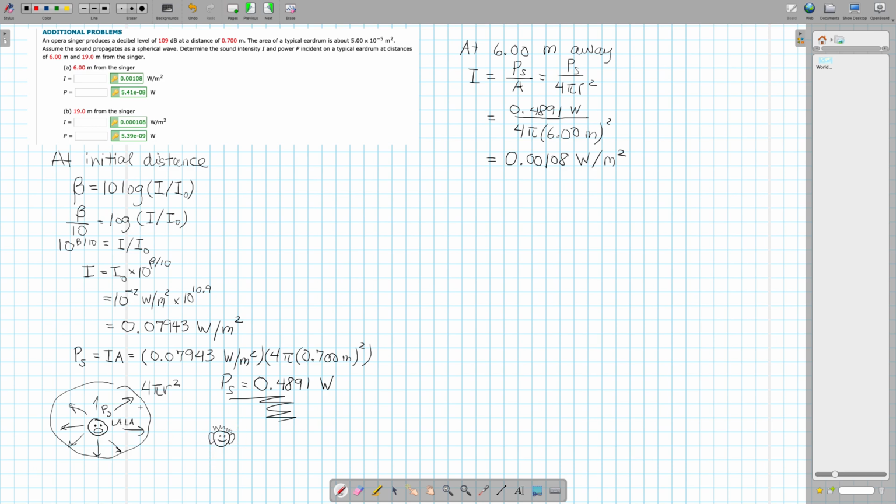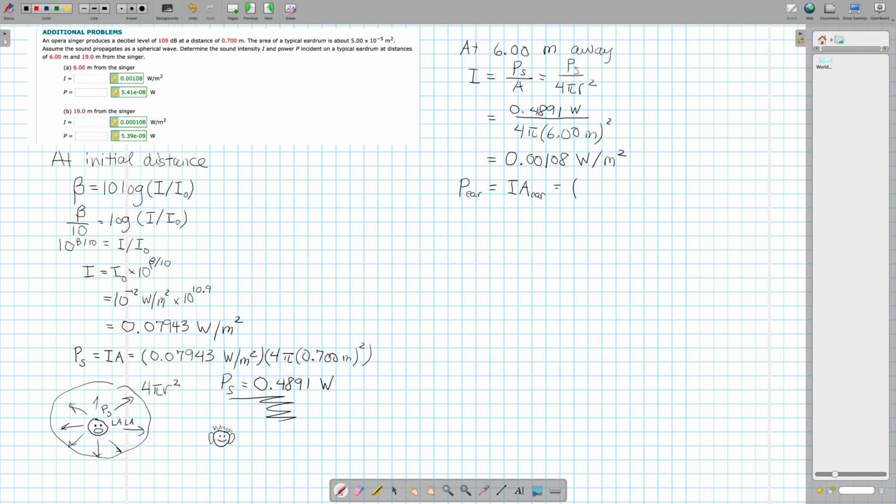So how much of this power actually reaches their eardrum? Well, the eardrum's pretty small, so the power that reaches the eardrum, I'll write power ear, is that intensity times the area of the ear.